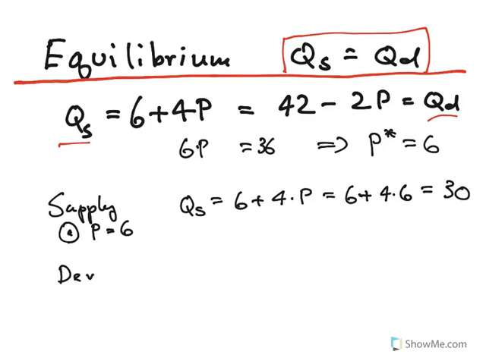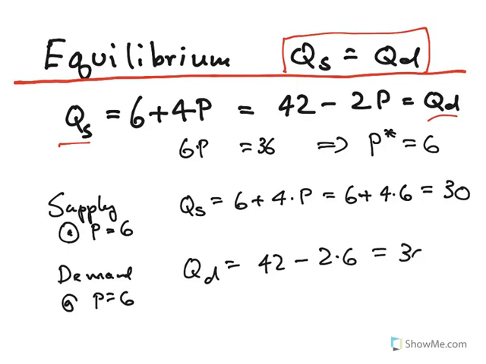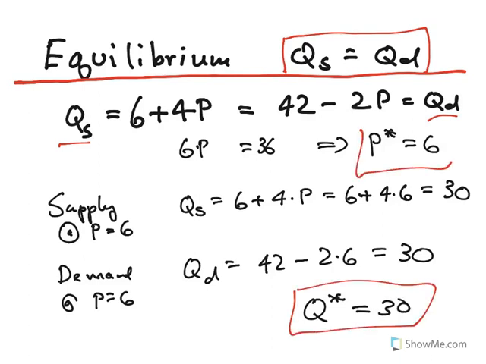And now let's take a look at the demand at a price equal to 6. We've got 42 minus 2 times 6, which is equal to 30. So the equilibrium quantity is 30 and the equilibrium price is 6. At that price, supply equals demand.